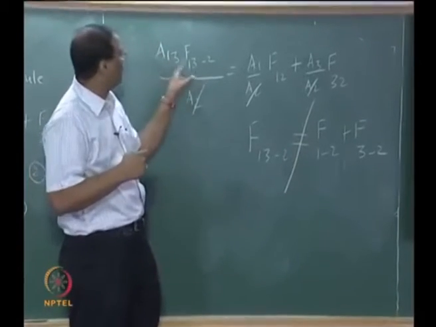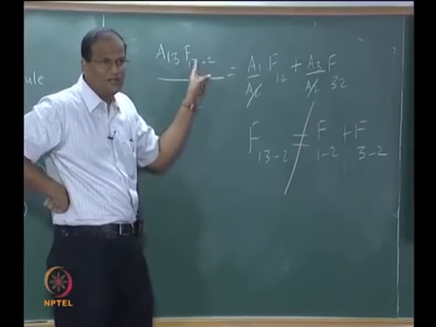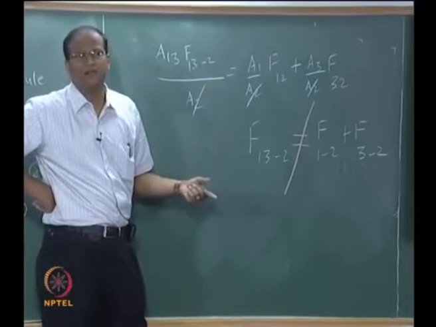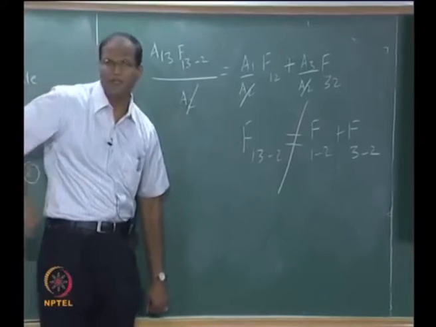So A1 F1 to 32 is equal to A1, if you still want to use the decomposition rule it should be used like this, because this comes from basic energy balance, thermodynamics cannot be violated, okay. When you are using decomposition rule you have to be careful.